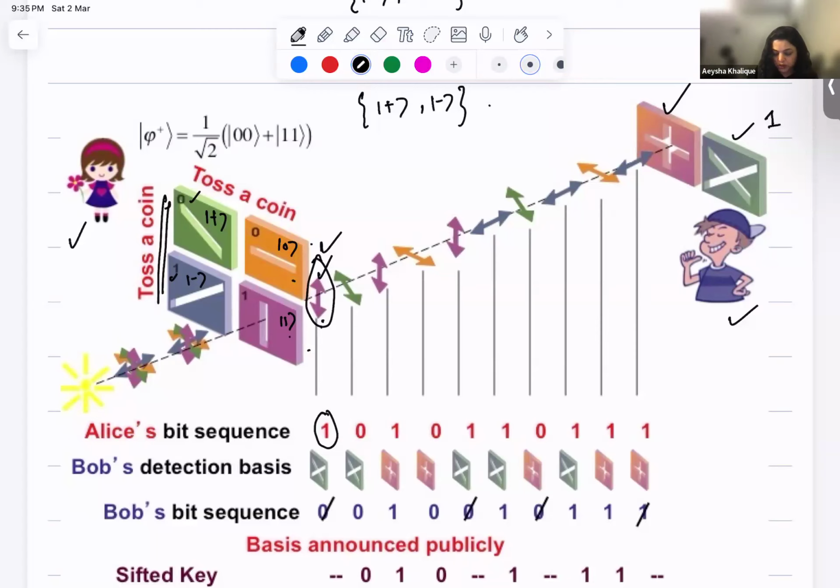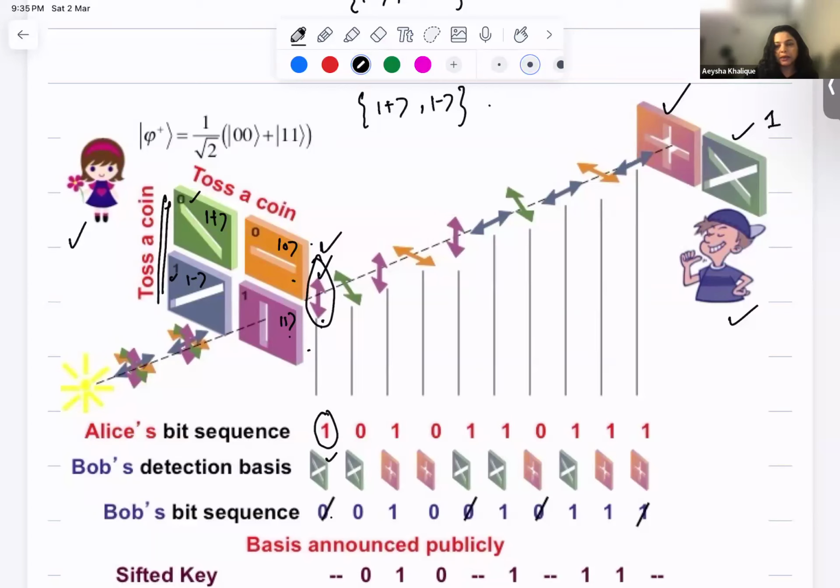If Bob chooses this detection basis, the green blue one, which is the diagonal one, there is a possibility that he would have recorded the bit value 0 and he could have recorded the bit value 1, right? He makes one single measurement, so it will be one value. Suppose he records the bit value 0.